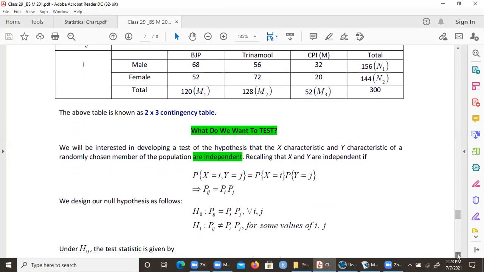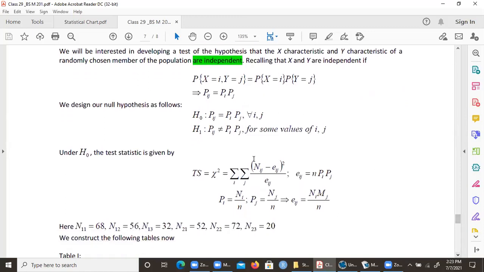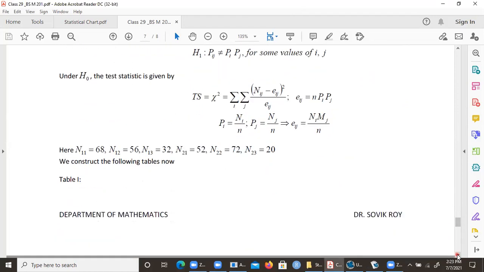With the help of the formula given over here, we calculated the expected frequencies in a similar manner. Now, what we need to do is calculate this chi-squared statistic by applying this formula, and then we can get our conclusion.